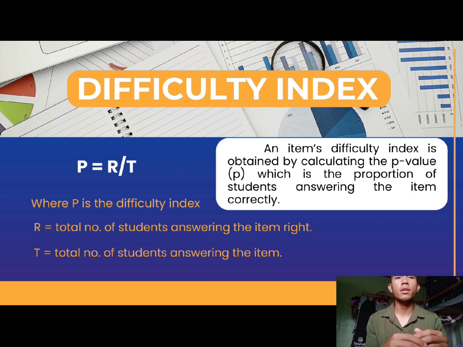On the other hand, if the value of P is closer to 0, the item is harder since only a few students answered it correctly. This helps the test developer see whether a question is too easy, too hard, or just right.